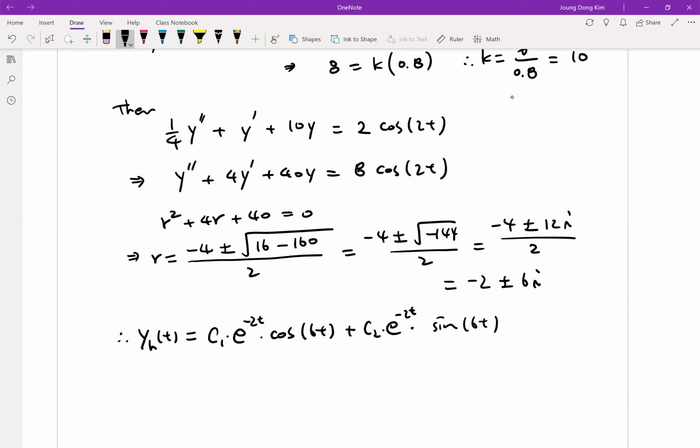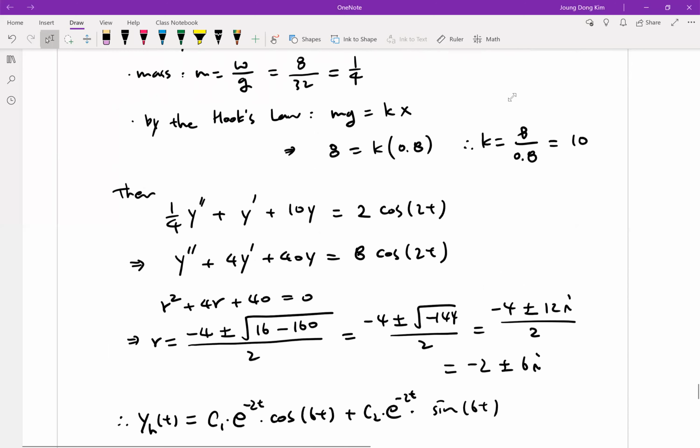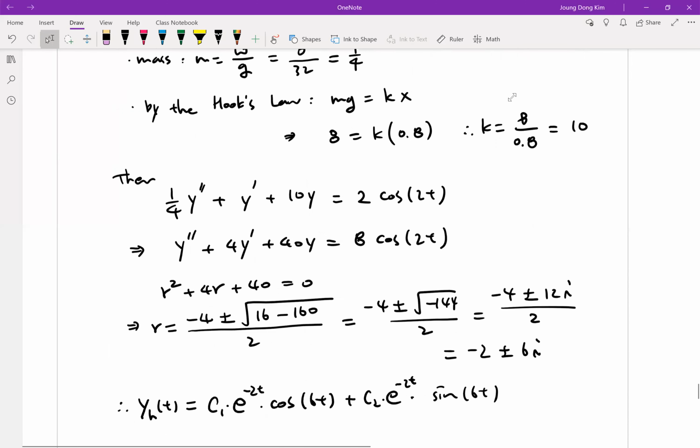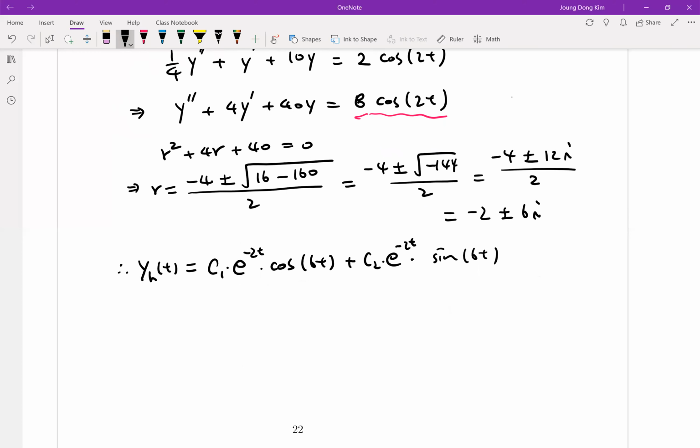Now we have to talk about the particular solution for the right hand side. We're going to use the undetermined coefficient method. As you can see, my right hand side is 8 times cosine 2t, right? Which means my particular solution must involve cosine 2t and sine 2t. So let me define my particular solution as a times cosine 2t plus b times sine 2t.